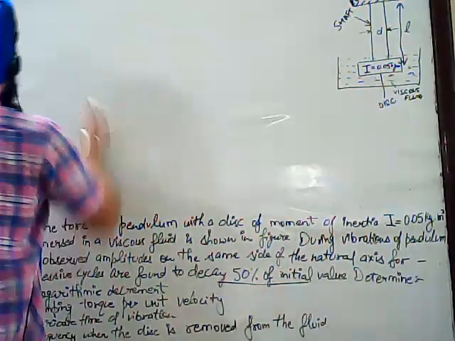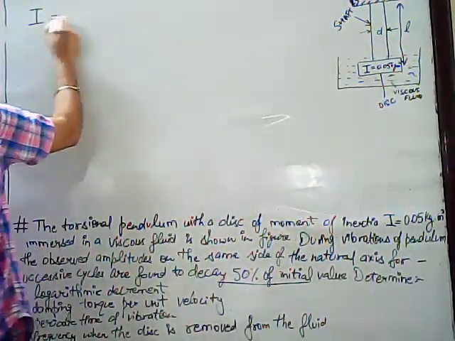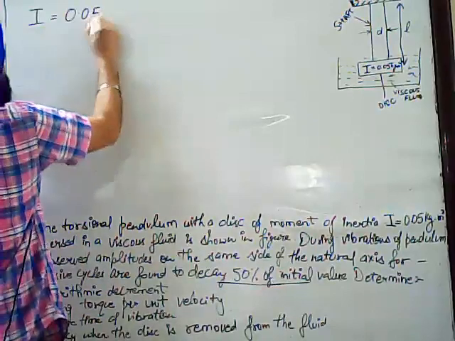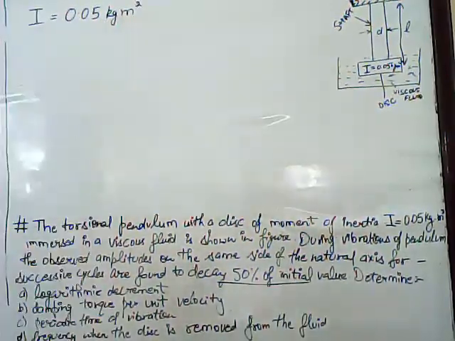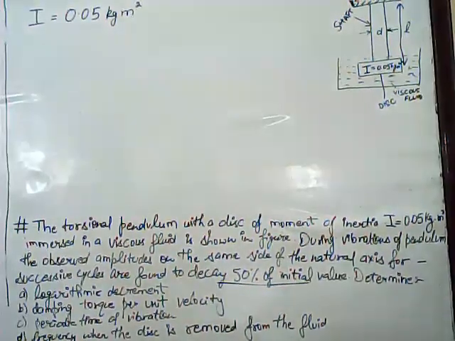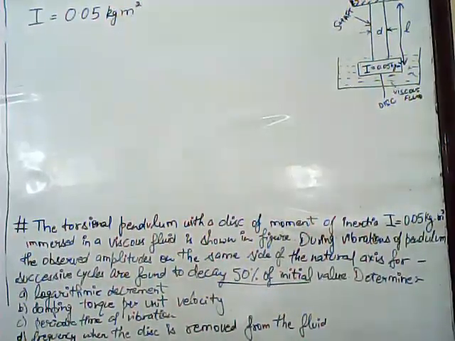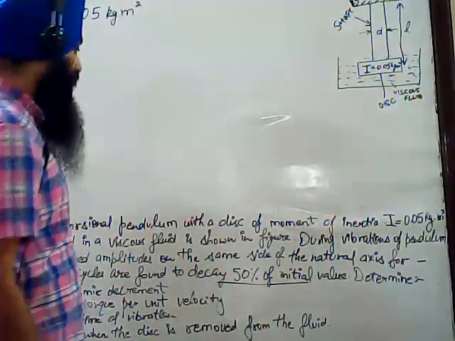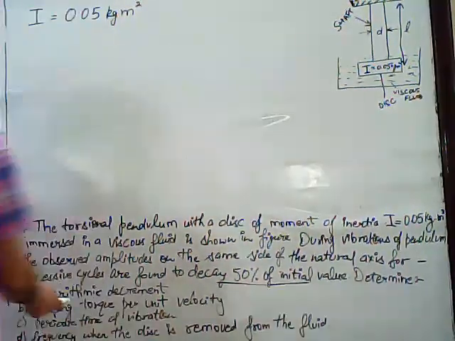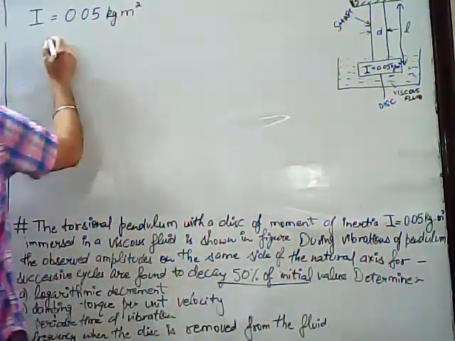First of all, the value of I is given in the numerical: 0.05 kg meter square. First, we have to find the value of logarithmic decrement.